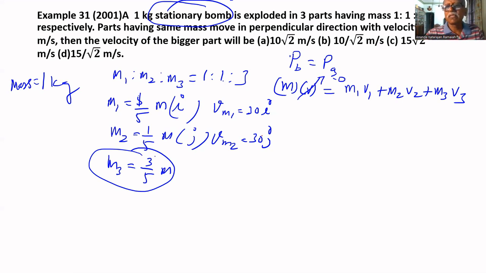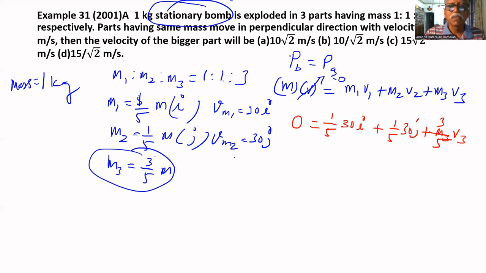That's why we can say that 0 equal to M1 V1 plus M2 V2 plus M3 V3, where M1 is 1 by 5, V1 is 30i, M2 equal to again 1 by 5, 30j, plus M3 V3, M3 equal to 3 by 5. That is given.